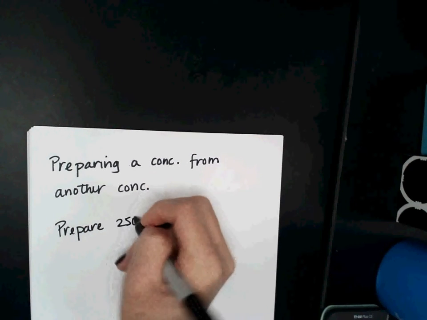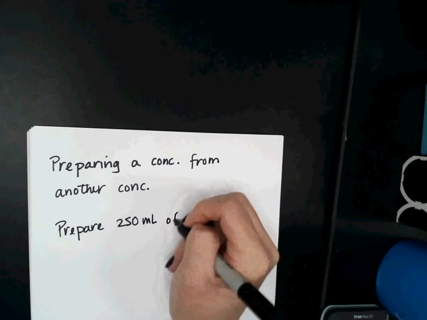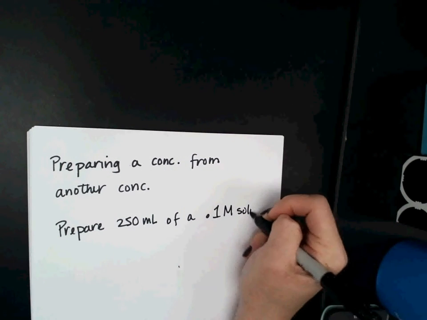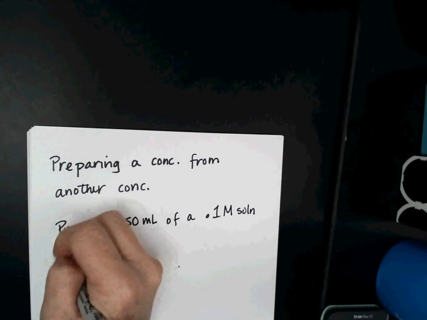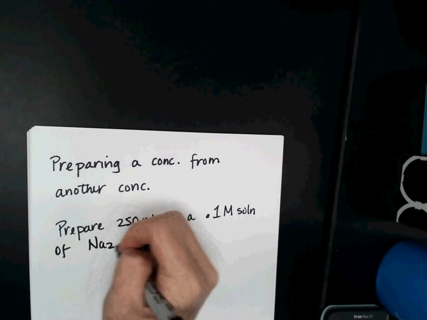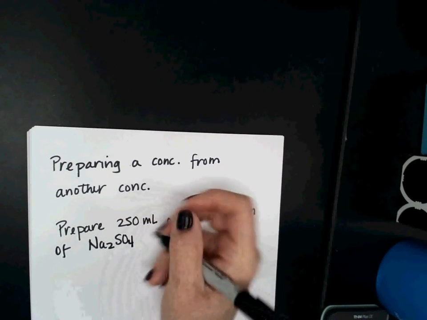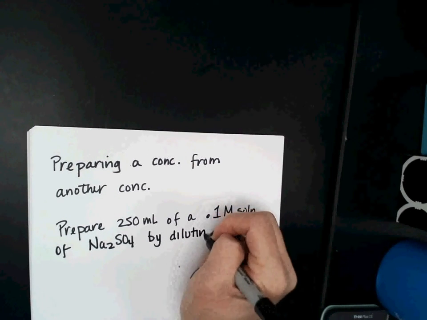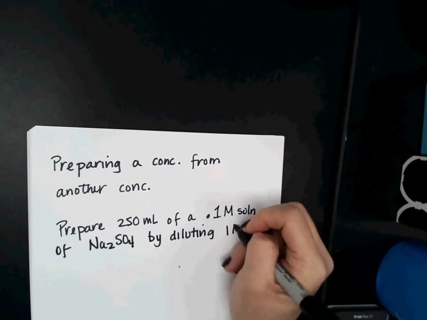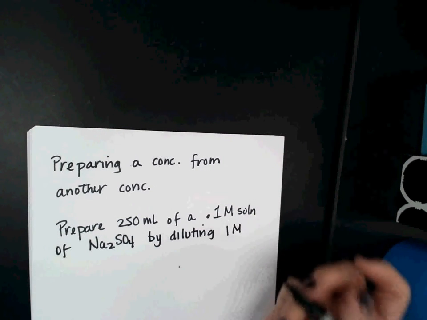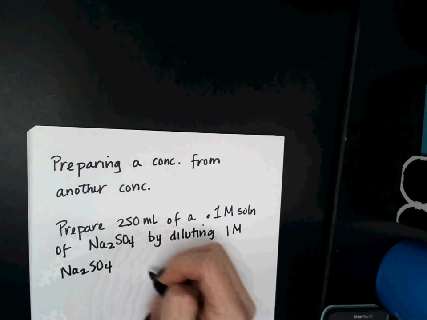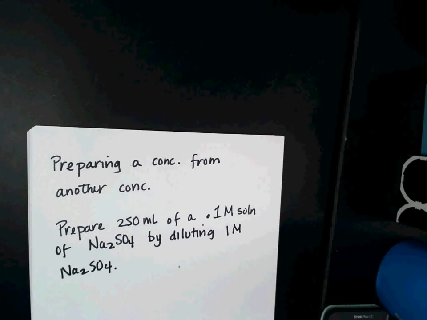It might say, prepare 250 milliliters of a 0.1 molar solution of, we'll use the same old thing, sodium sulfate by diluting 1 molar Na2SO4.